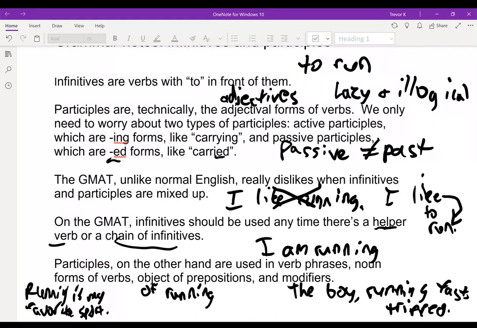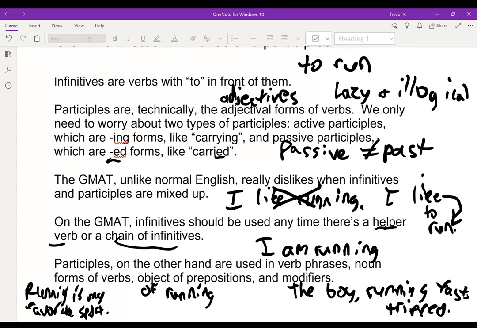Verb phrases, I am running, or if we want to use our passive, the ball was ran, or the ball is ran to the store. I don't know. Noun forms of verbs, running is my favorite sport. There's not really an equivalent with passive there. Objects of prepositions, not really an equivalent of passive there. Modifiers, there definitely are. The ball carried by the boy is dropped, right?